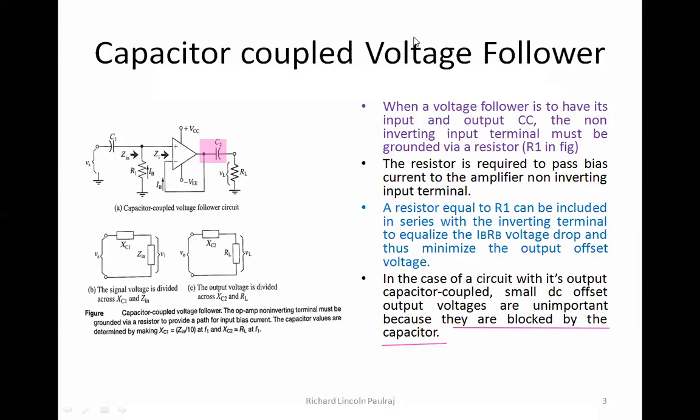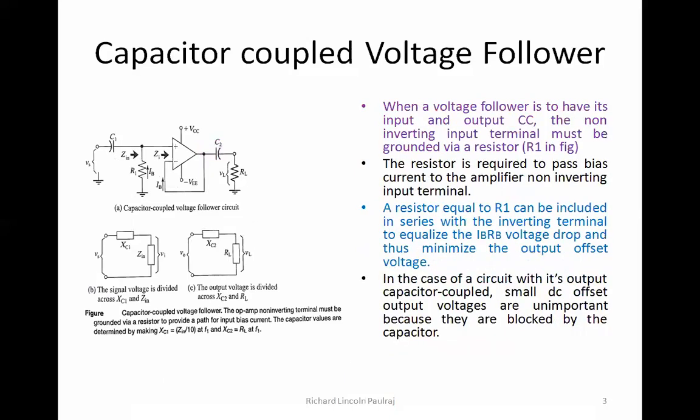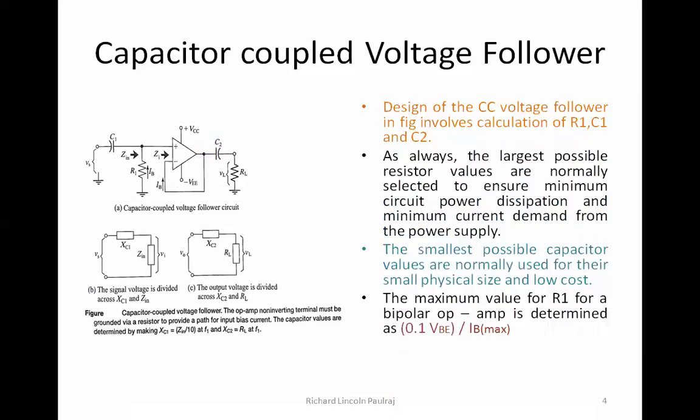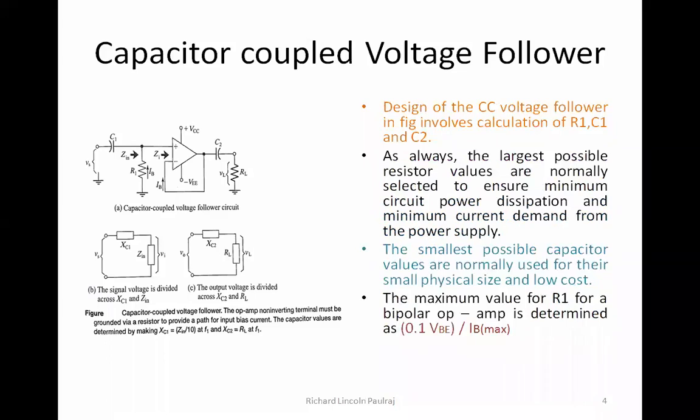Moving on to the next concept, I have brought the circuit back, and it will be easy for us to understand. The design of a capacitor coupled follower involves the calculation of R1, C1, and C2.